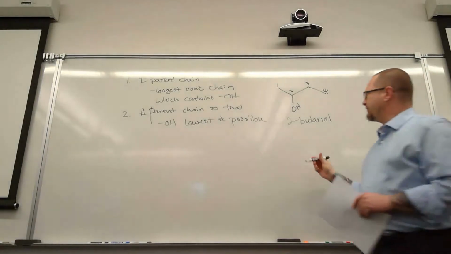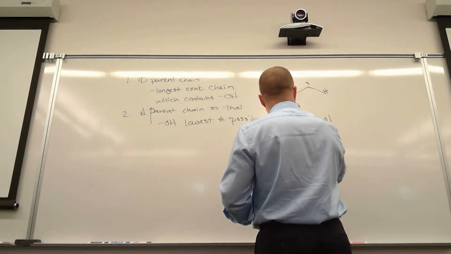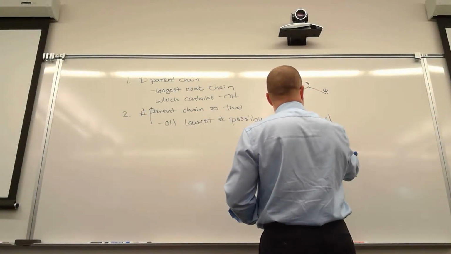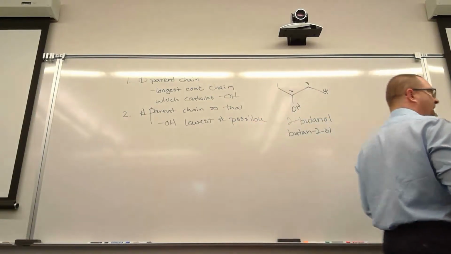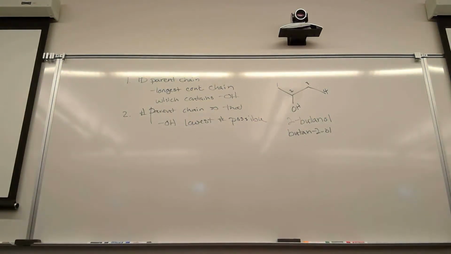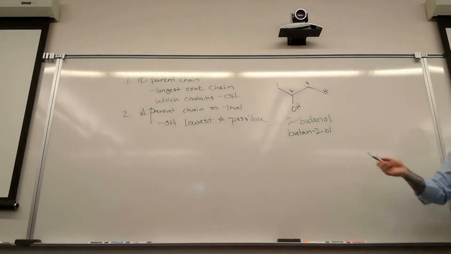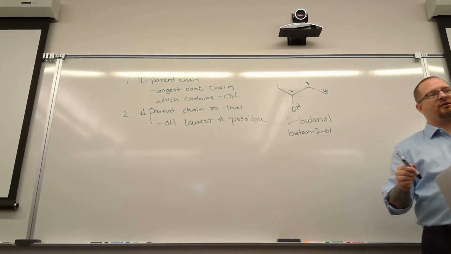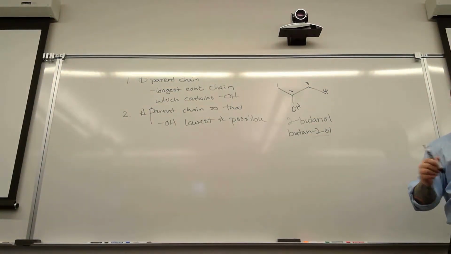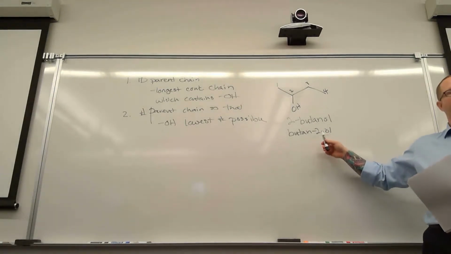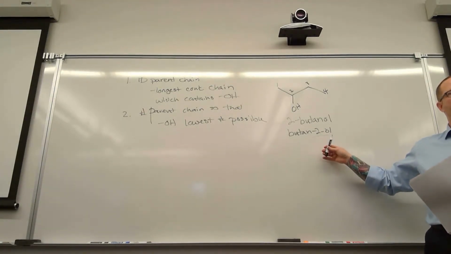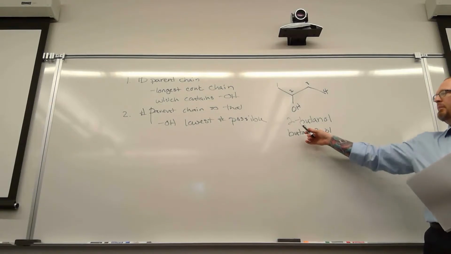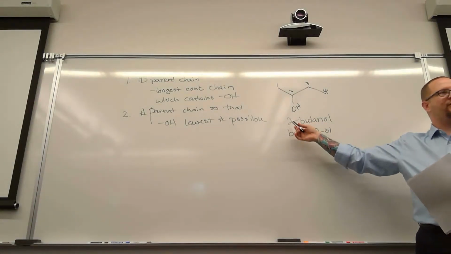It's also acceptable to call this butan-2-ol. As the compounds get more complicated, this actually makes it a little easier to show where the hydroxyl groups are on the compound. Because I did it this way for so long, default to this.